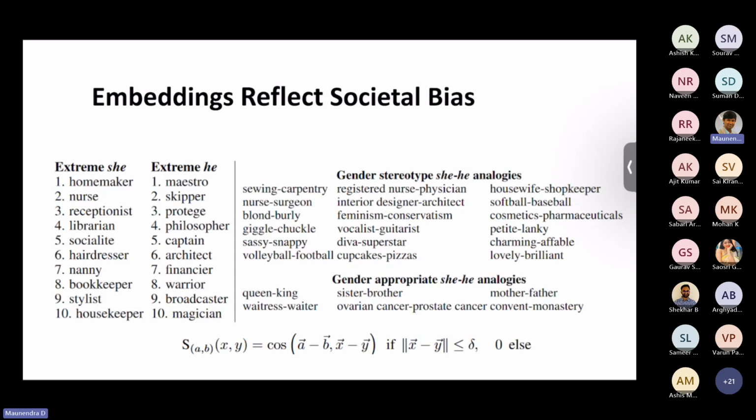So they looked at that angle, at post-processing to remove the gender bias. What I'll be covering is only one way of post-processing the data, but there are quite a few other ways in which this debiasing can be done.